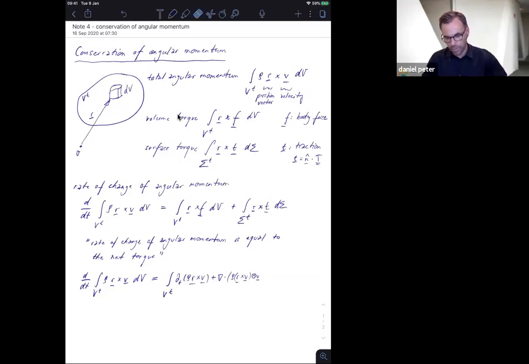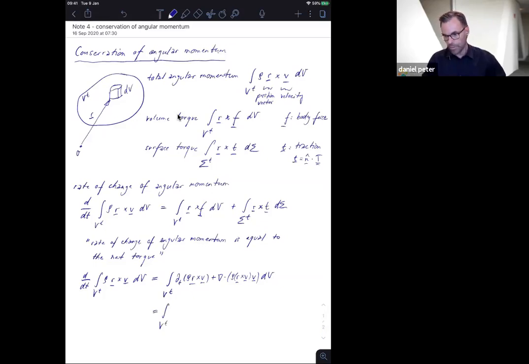Sometimes we just don't write this symbol here, so we just write v basically. This will again be the dyadic product between two vectors, or the tensor product if you want.